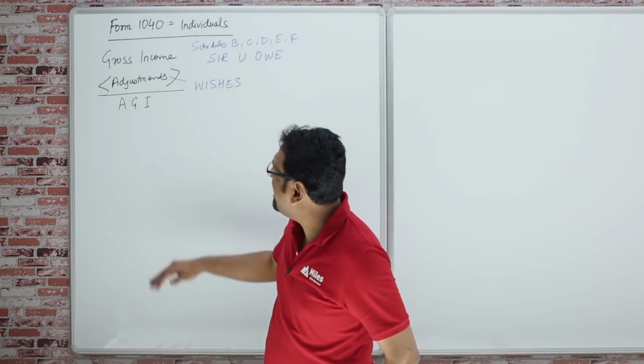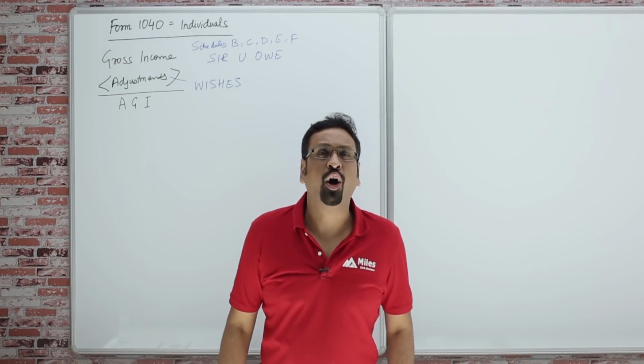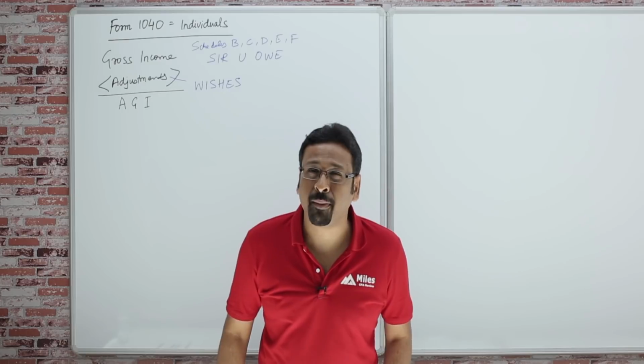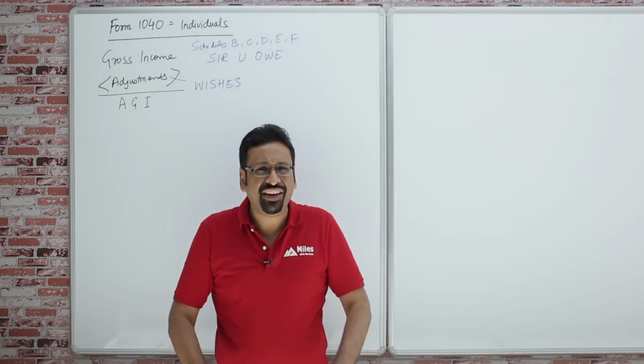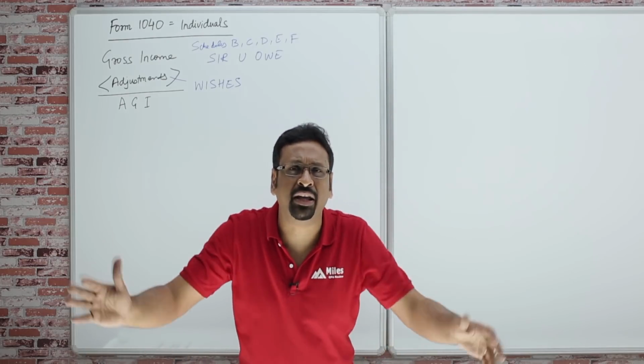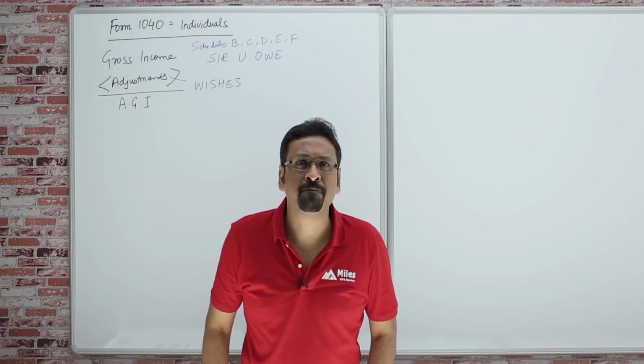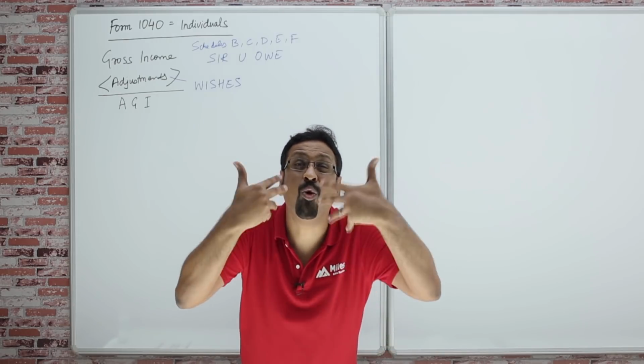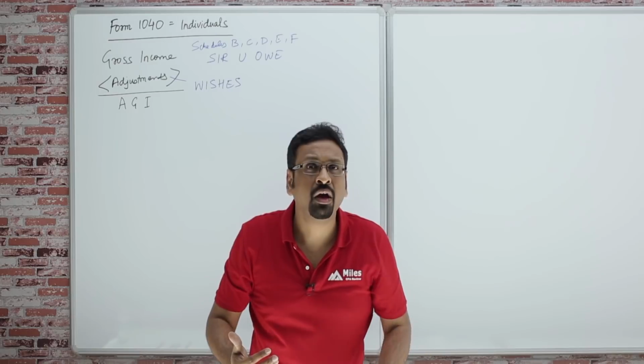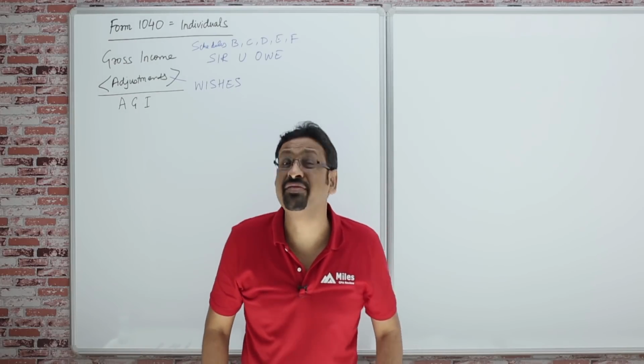Now that you've arrived at your AGI, or your adjusted gross income, you still feel it's a lot of money you've got to pay taxes on, and you want more deductions. Uncle Sam's listening.